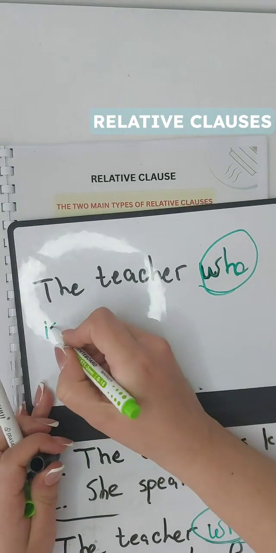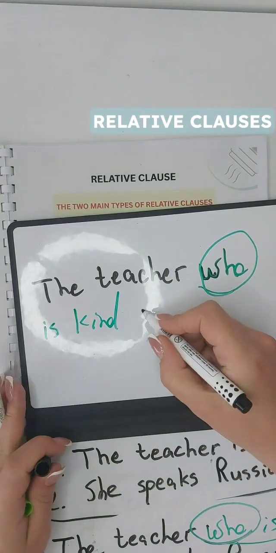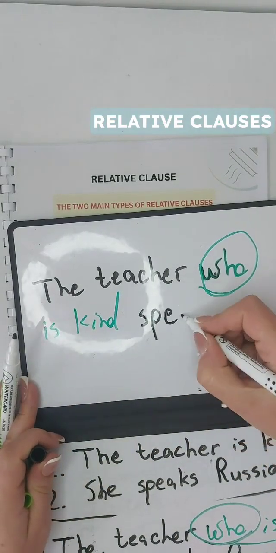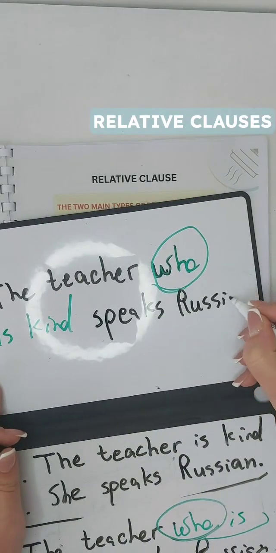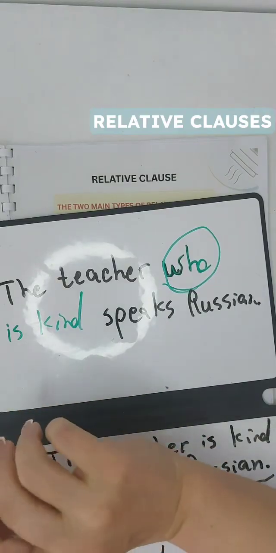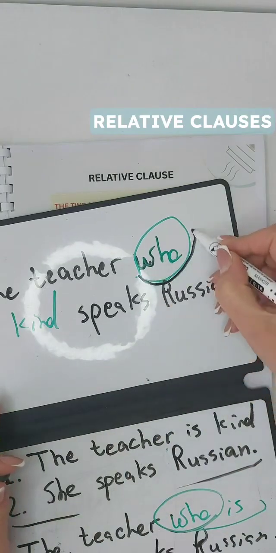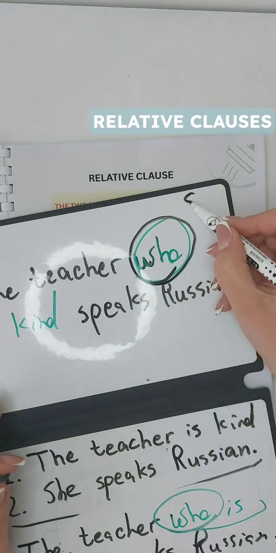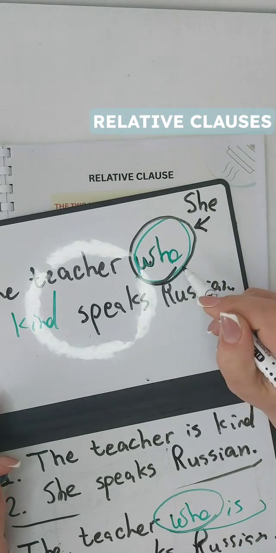Who is kind speaks Russian. We don't need she anymore here because who already means she.